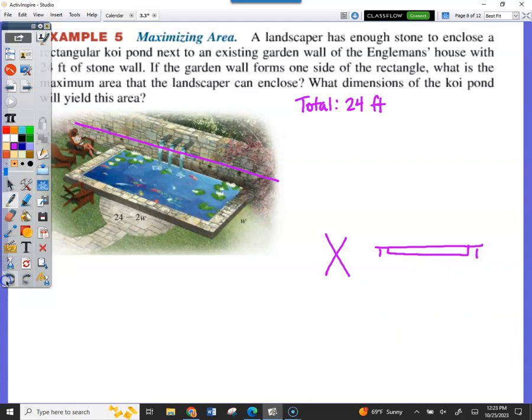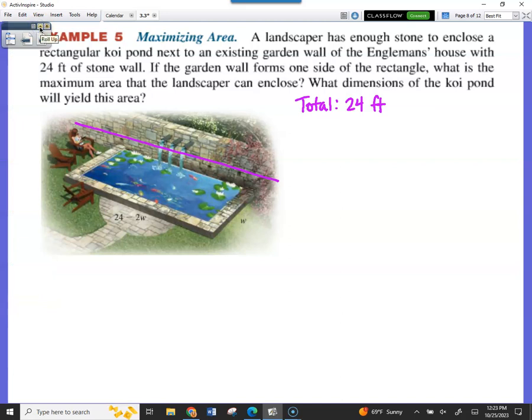All right. Let me delete that. Okay. So let's look at it. We're looking to maximize the area, and it says what are the dimensions that would yield that maximum area? Two things going on here. Well, first of all, what shape do we have?